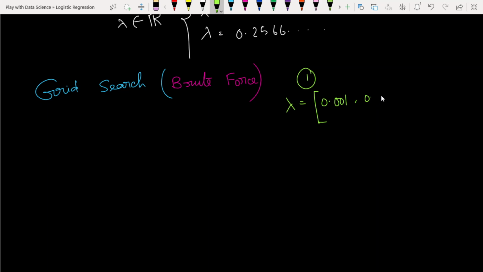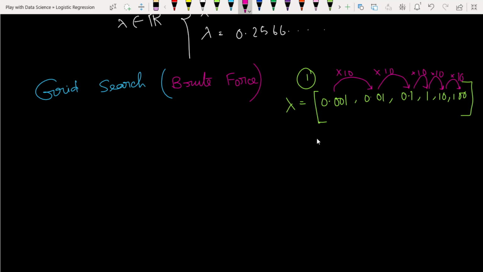So our next value will be 0.1, then if we multiply, we have 1, then 10, then 100. Each value here is the previous value multiplied by 10, into 10, into 10.